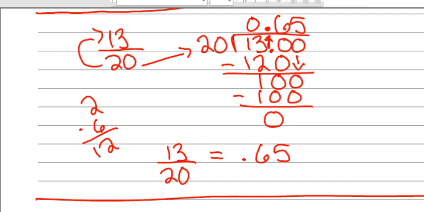So second part of 5-3 is we are looking at adding fractions and decimals. Now, we can't add them as they are. We need to have them both be decimals or both be fractions.